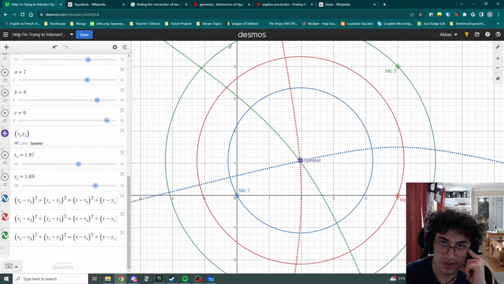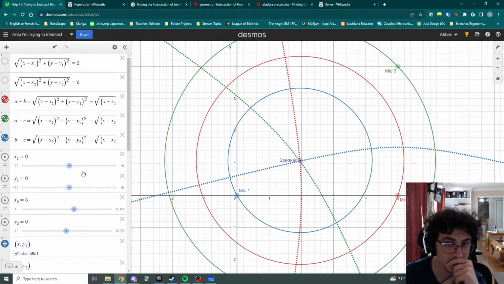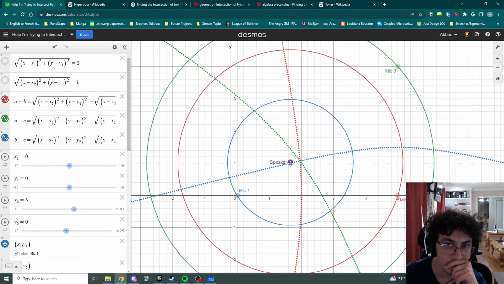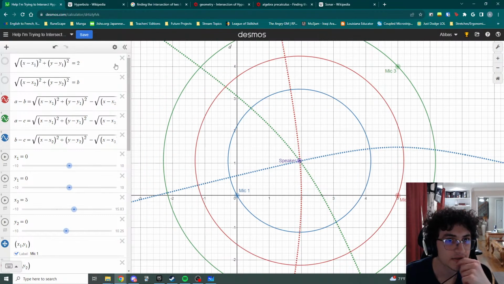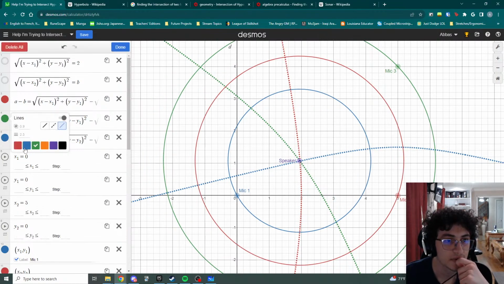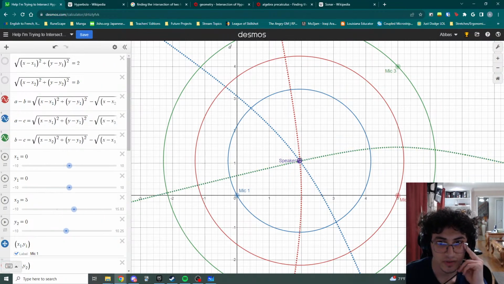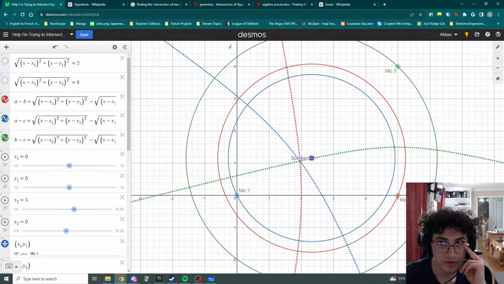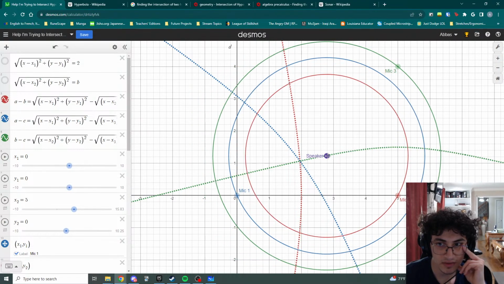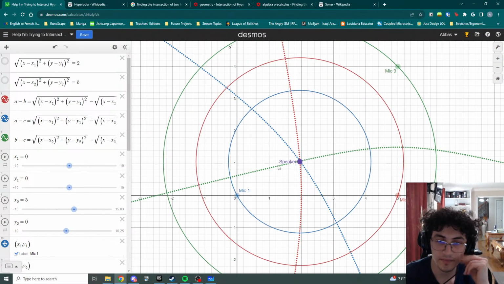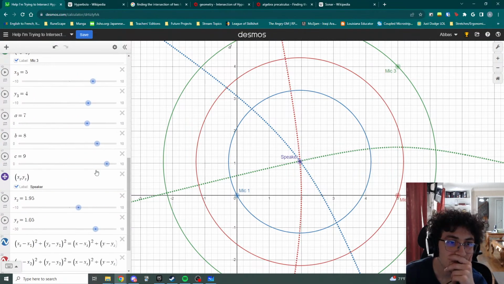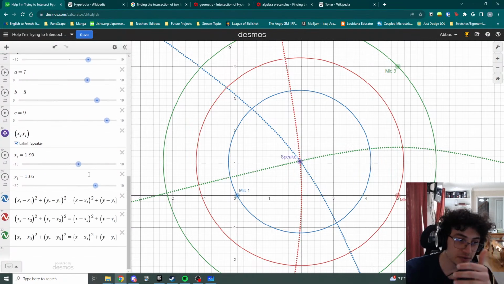The difference between the... I think I should change some of these. I should change this. This should be blue, and this should be green. Then the difference between the green circle and the red circle stays as -1. Okay. So this is where the speaker has to be. So there is only one solution.